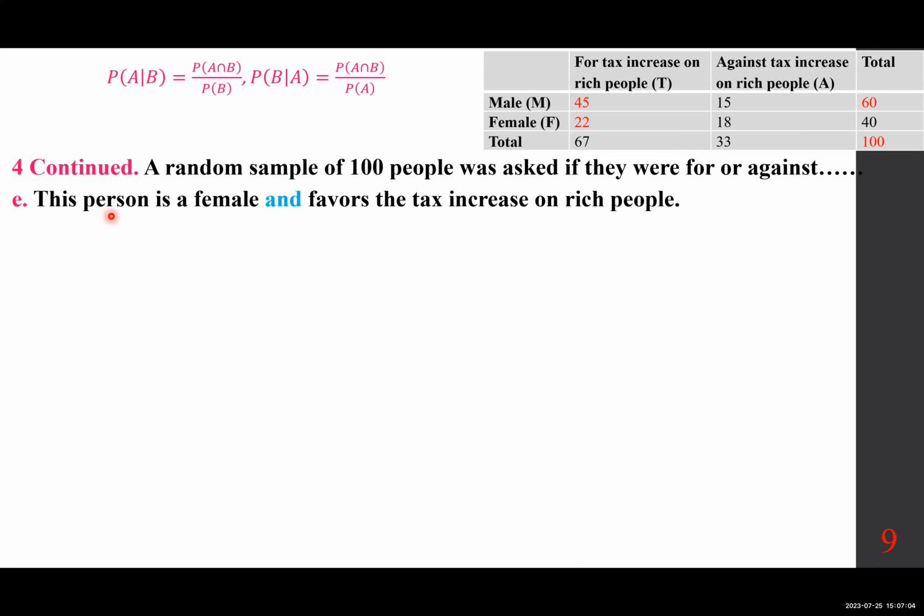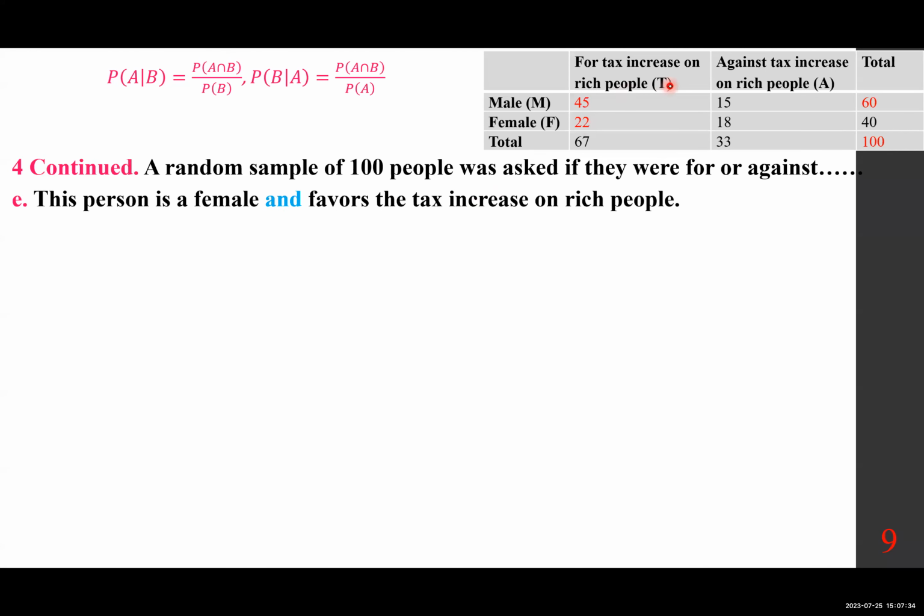The next part, this person is a female and favors the tax increase on rich people. First and foremost, the only time your sample space of 100 shrinks is when it's a conditional probability, meaning given. So this is still 100. So basically, you want the probability of F, which is females, okay? This person is a female and favors tax increase.